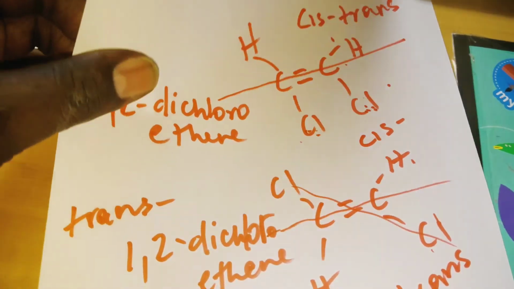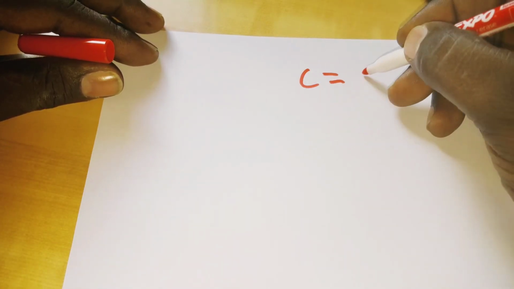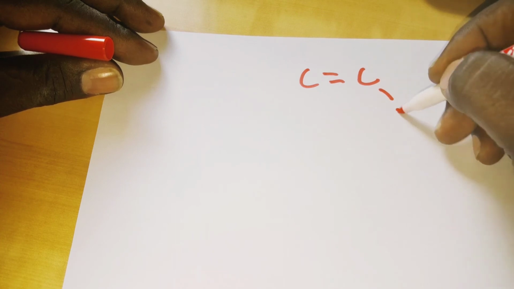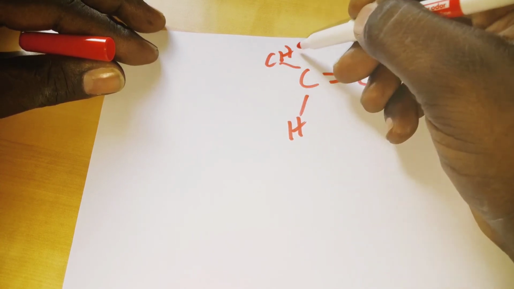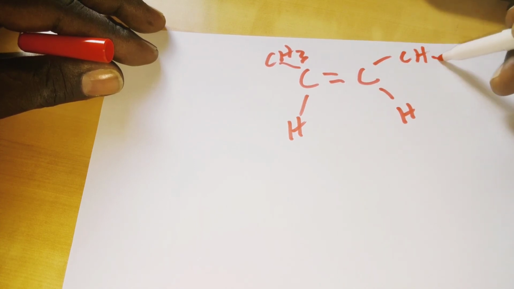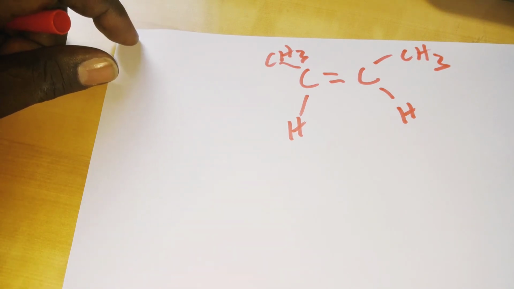I'm just going to do one more example so you can see very clearly what I'm talking about. This case I'm going to do 2-butene. First I'm going to draw 2-butene, and then attached to it there's a hydrogen there, a hydrogen there, a CH3 there, a CH3 there. Now, some of you are saying, that's not 2-butene, that's 1,2-dimethylethene.